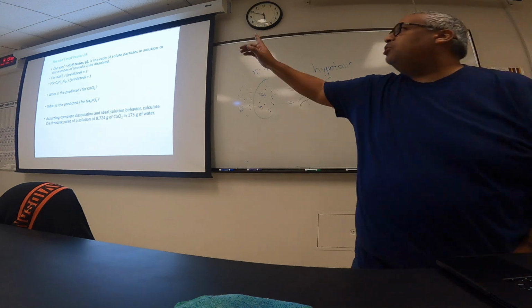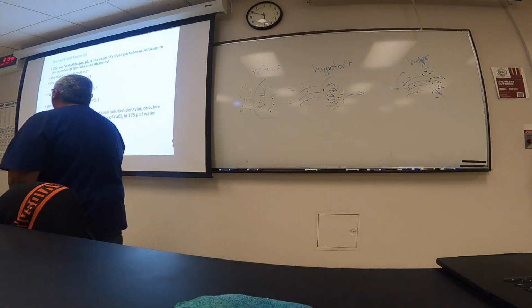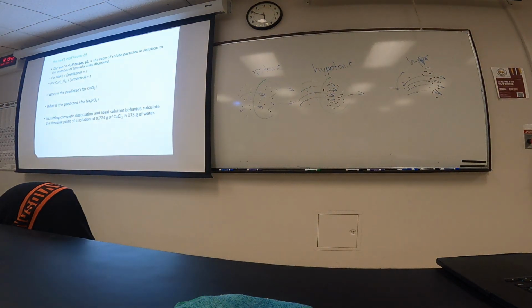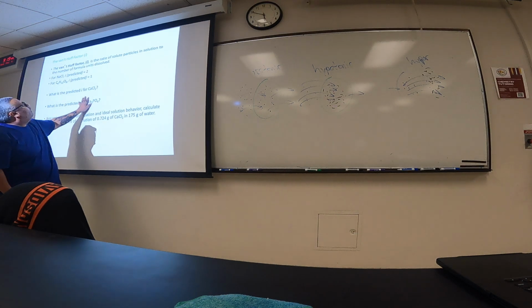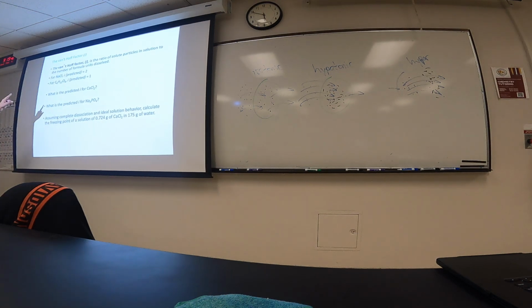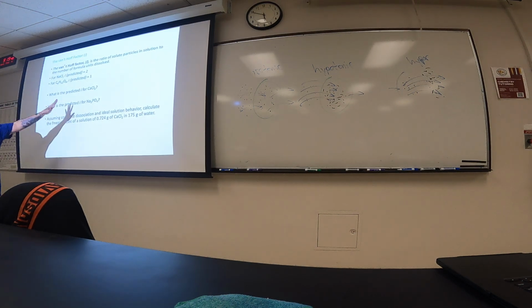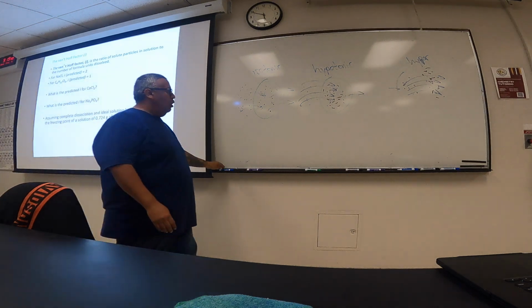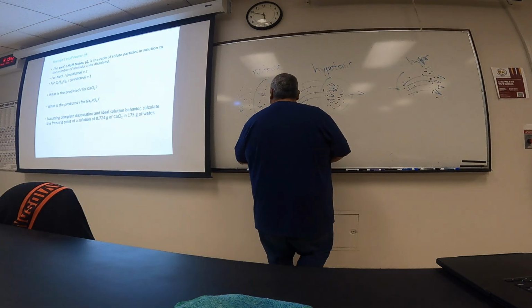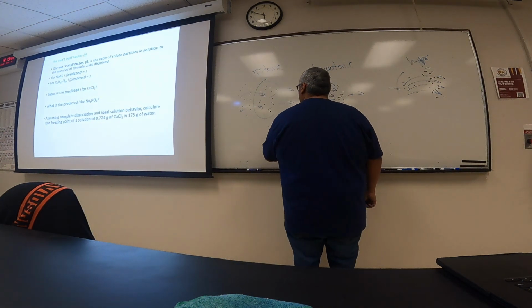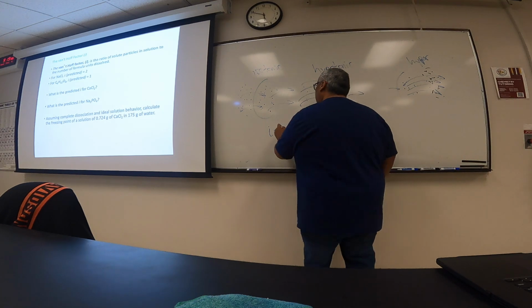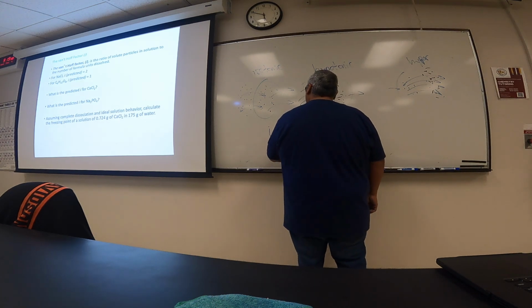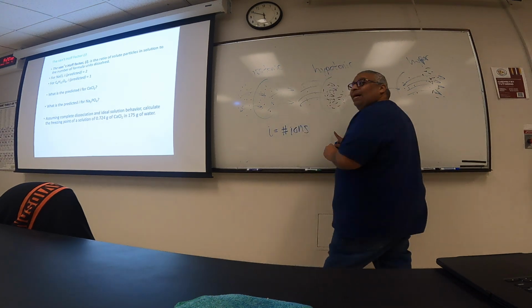And then that brings us to our Van't Hoff factor, which I think I have enough time to explain here. This Van't Hoff factor is a ratio of solute particles in some formula, and how we determine that i value. The simple part is that i is equal to the number of ions.